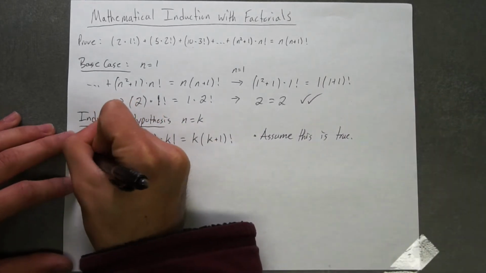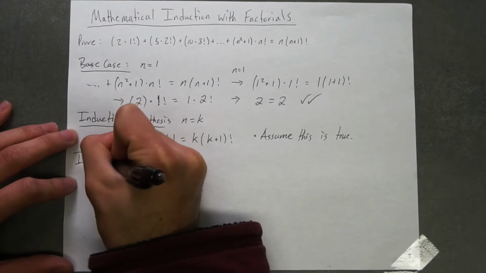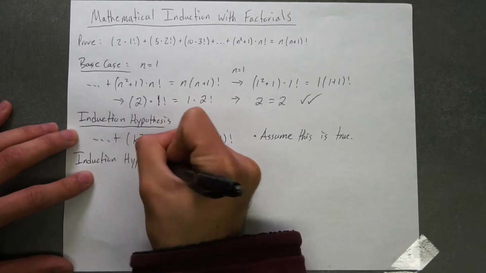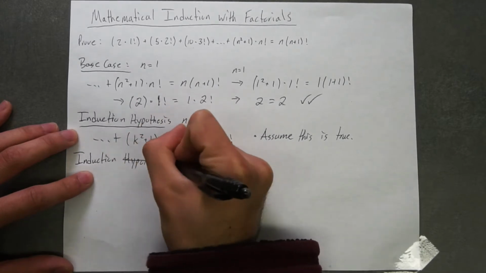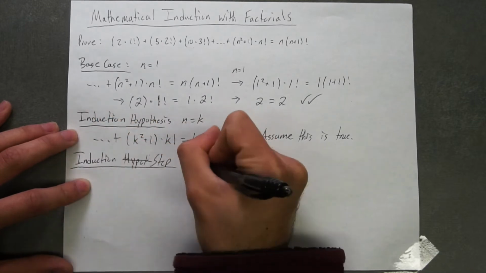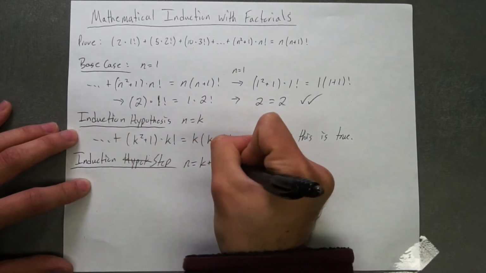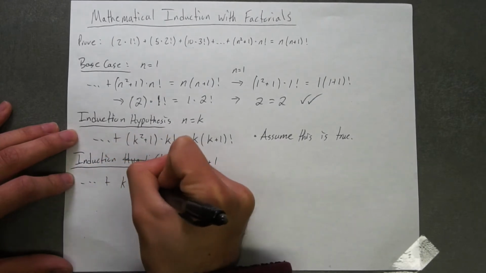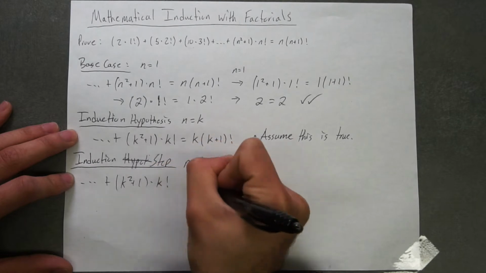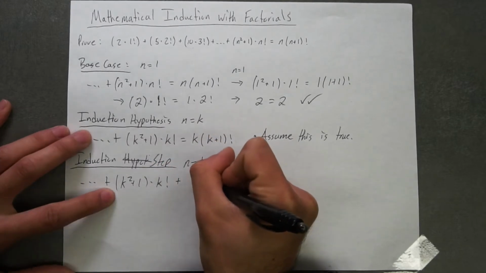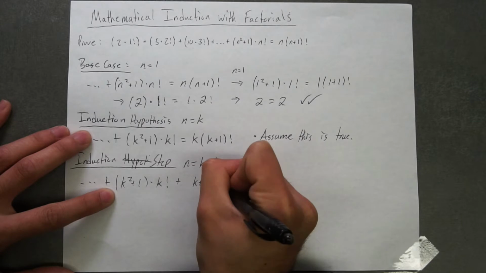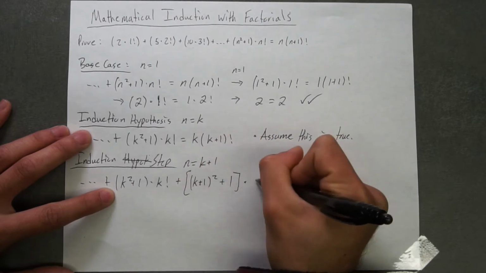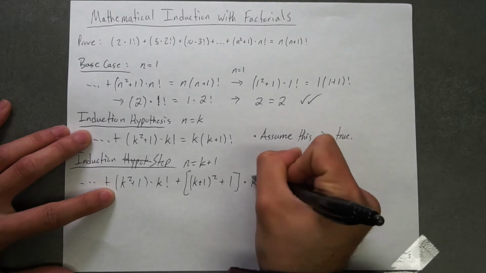So moving on to the induction step, we set n equal to k plus 1. So we have dot dot dot plus k squared plus 1 multiplied by k factorial plus k plus 1 squared plus 1 multiplied by k plus 1 factorial.